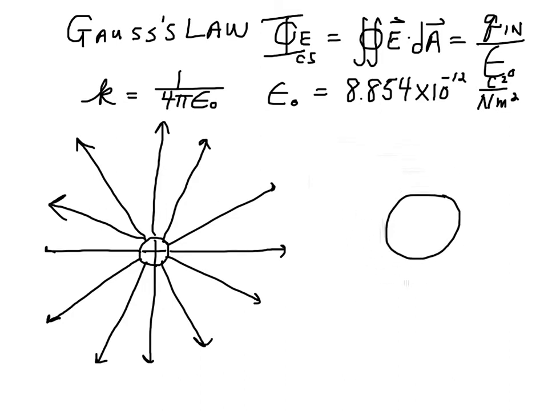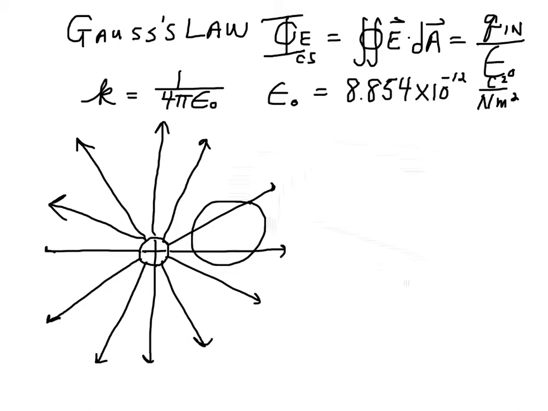This is a little bit deceiving because these field lines don't stop, right? They just go on and on. So I should have made them a little longer. But let me move the sphere into what we can see as the field. If I put it here, remember that electric flux, we know how to calculate it, but we can also think of it as the number of field lines entering or leaving.